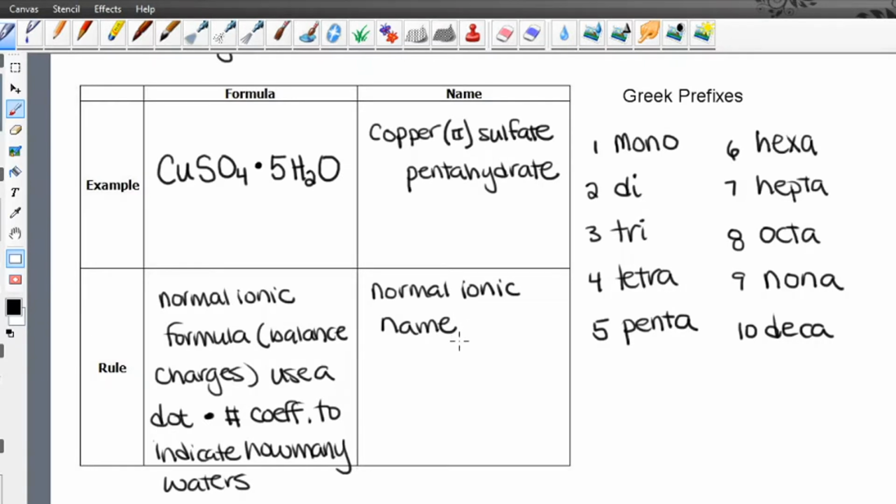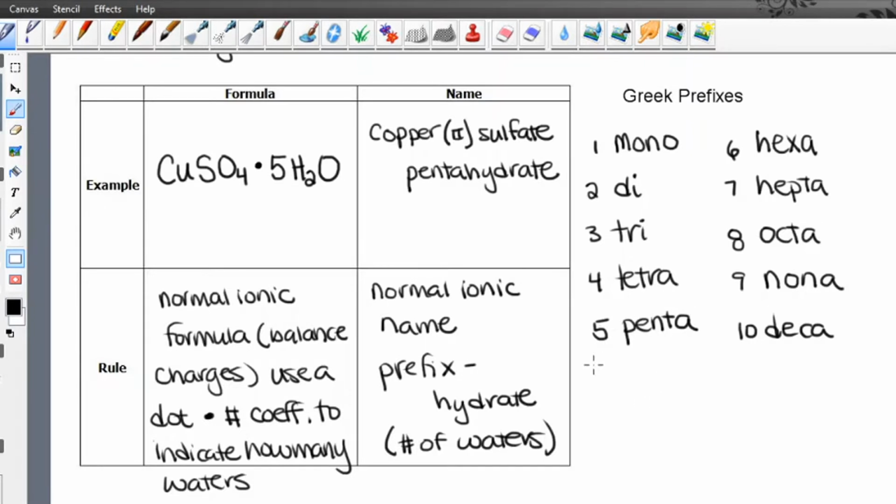Your polyatomic ions are typically "-ates" or "-ites," and sometimes "-ide." So your normal ionic name, then prefix, hydrate, to indicate number of waters. And the prefixes that you're going to use are those Greek prefixes right there.